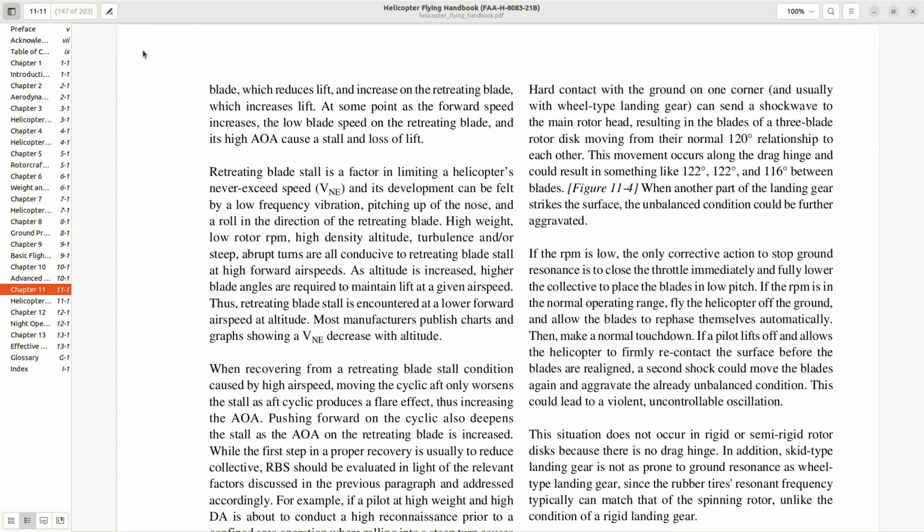So how do you recover from this? Well, there's a couple of ways you can recover from this. You could slow down. However, you have to be careful. If you slow down and you're already in it, by pulling back on the cyclic, you might just make the situation worse.